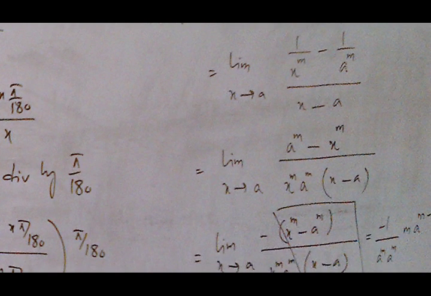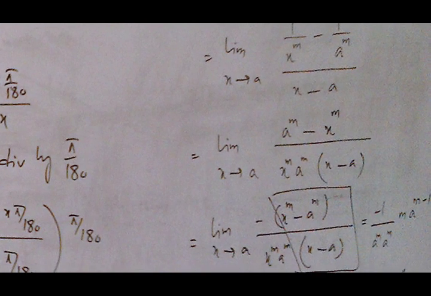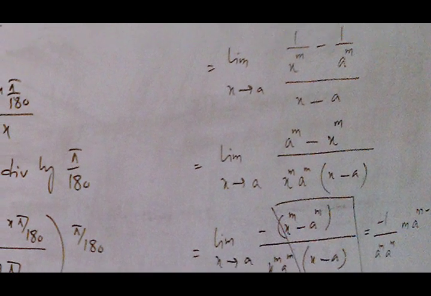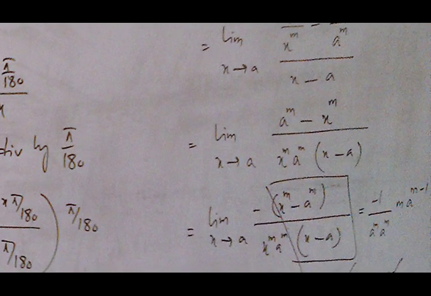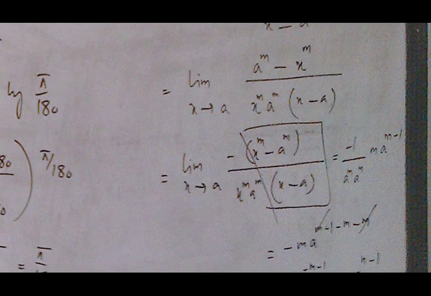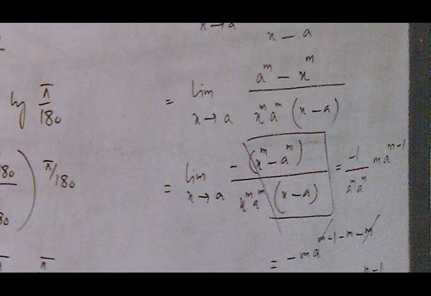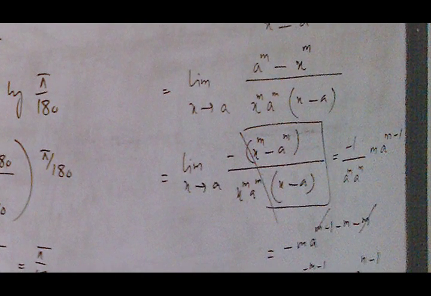When we take LCM, we get the denominator, and above the values a minus x, we take minus common from the numerator, it becomes x minus a, and apply limit, and the value in fraction is equal to the formula of case 1.